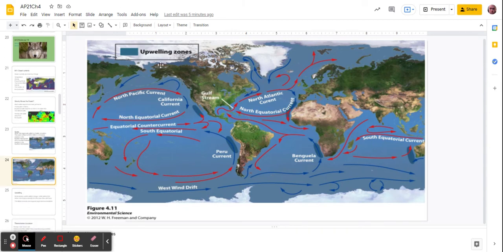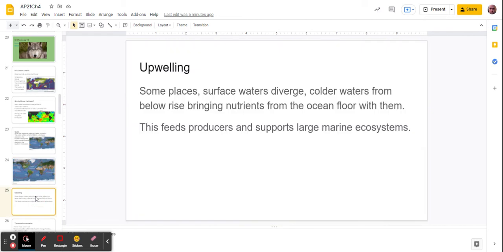So you see this word called upwelling zones. That's what's next. Upwelling zones are places where the surface waters diverge. And because the surface waters are moving away from that point on the map, cold water from below rises and it brings up nutrients from the ocean floor. So this is awesome if you're a fish because this feeds the producers and supports large marine ecosystems.